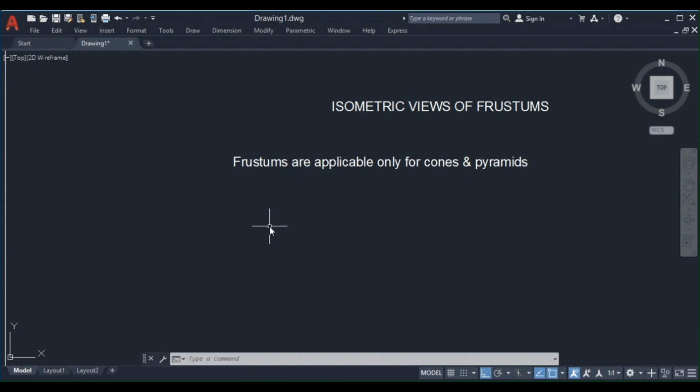Draw the isometric view of a frustum of a cone, of its top and bottom diameters are 35 mm and 50 mm respectively.